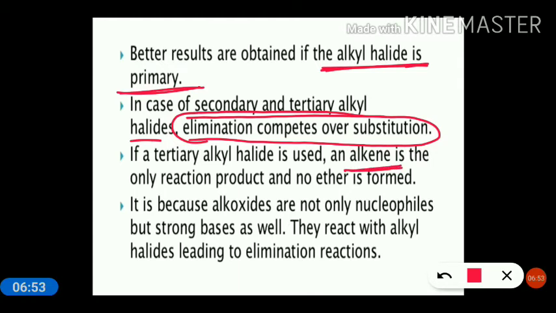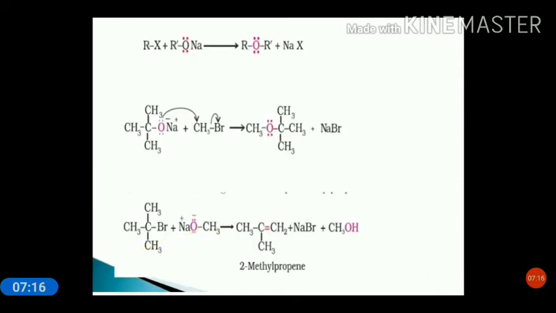If you do not use primary and tertiary is there, then there will be no ether, there will be formation of alkene. This is because alkoxides are not only nucleophiles but also strong bases. They react with the alkyl halide, leading to an elimination reaction, removal of water and formation of alkene.